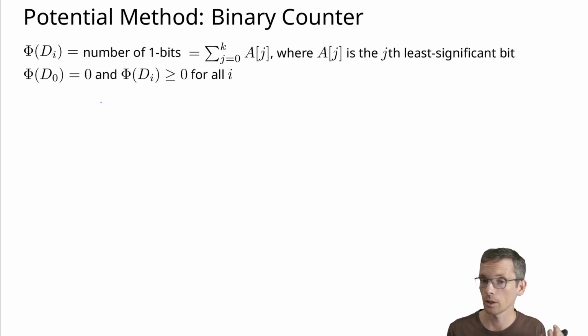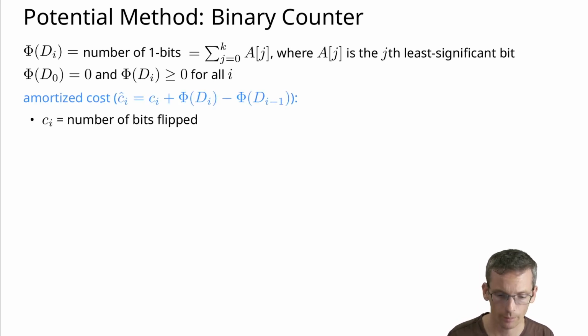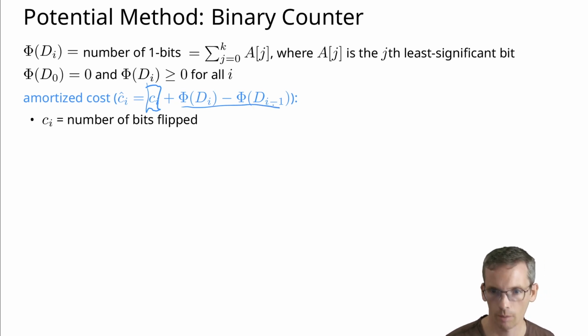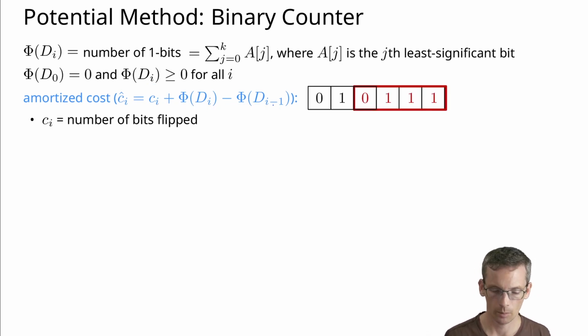Now we just need to calculate the amortized cost. So let's have a look at the increment operation. As a reminder, amortized cost we can calculate as actual cost plus change in potential. So the actual cost corresponds to the number of bits flipped. Okay, so here we have an example.